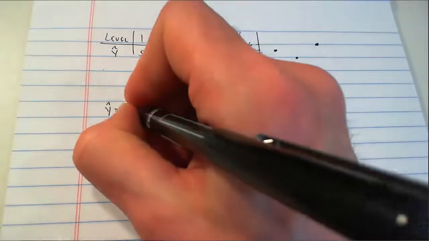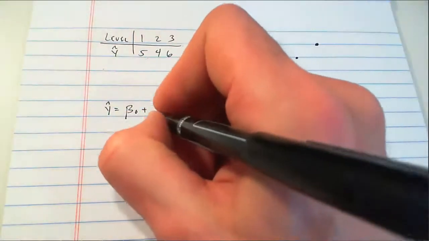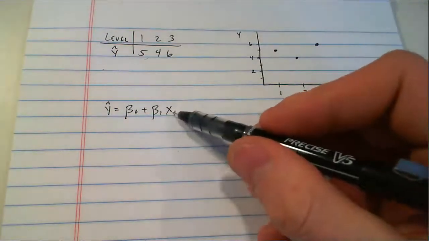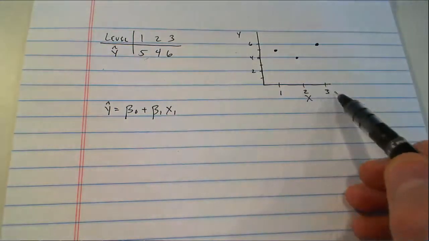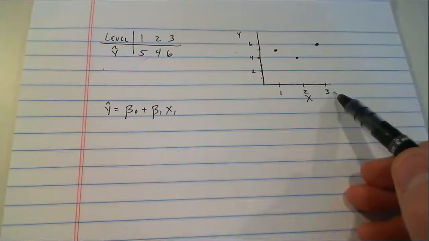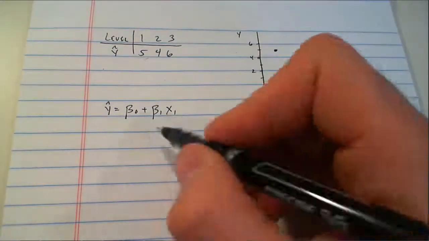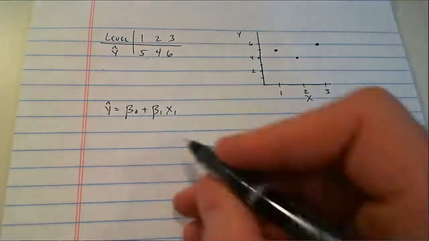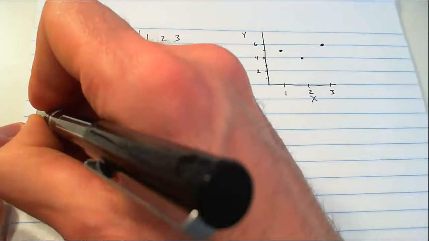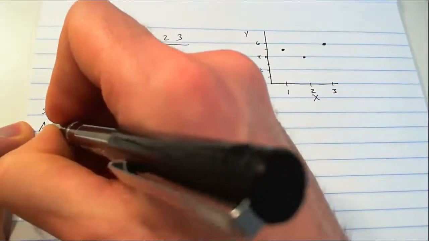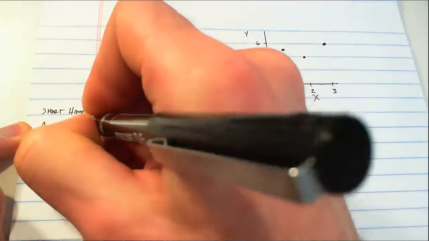So we've got a model beta naught plus beta 1 x1, where x1 can take the values 1, 2, and 3. So we want to write out what this x1 expands to. So this is the shorthand, and then the actual model equation.